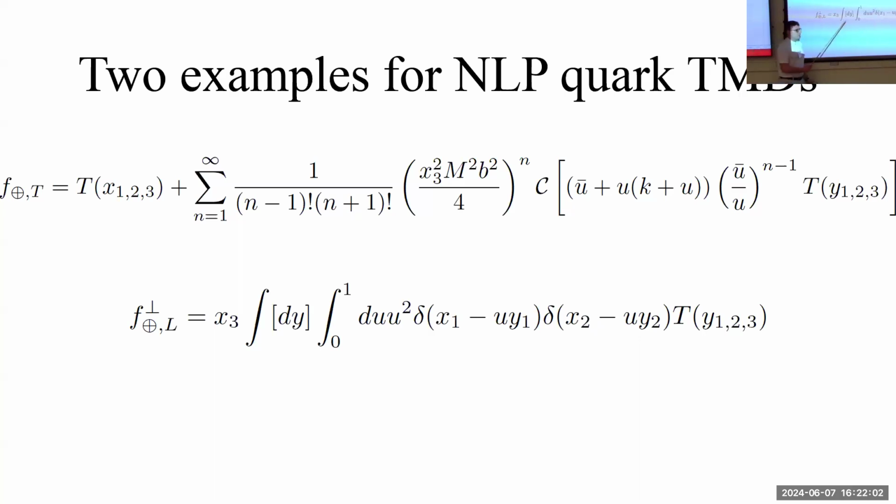This can remind you of the Wandzura-Wilczek relations, but in this case we are at twist 3, and to complete this relation we have to go to twist 4, which is mostly unknown, so we have stopped our calculation at twist 3.